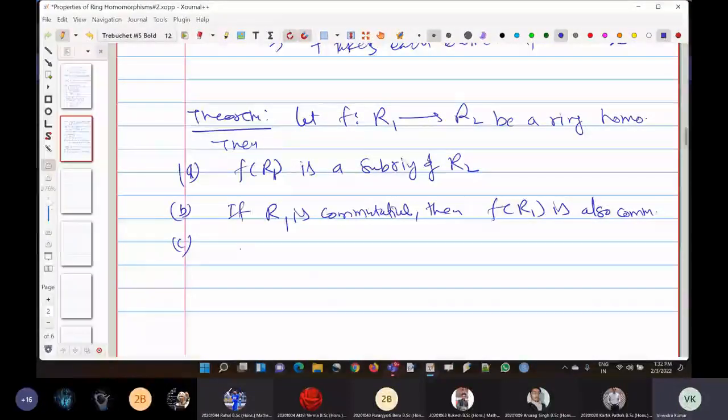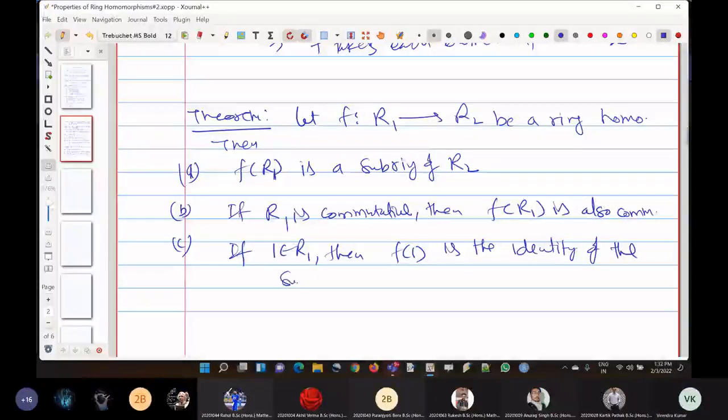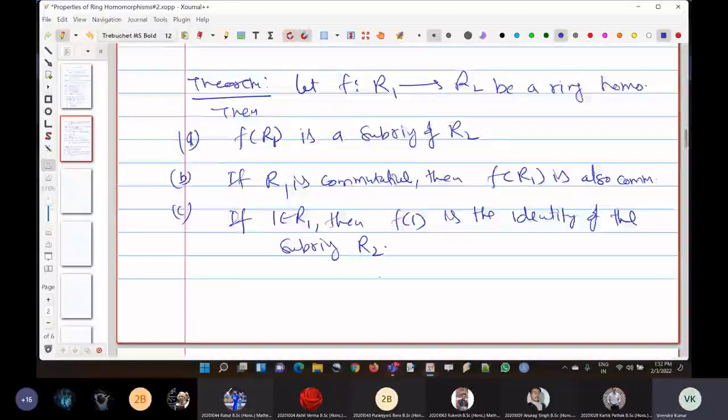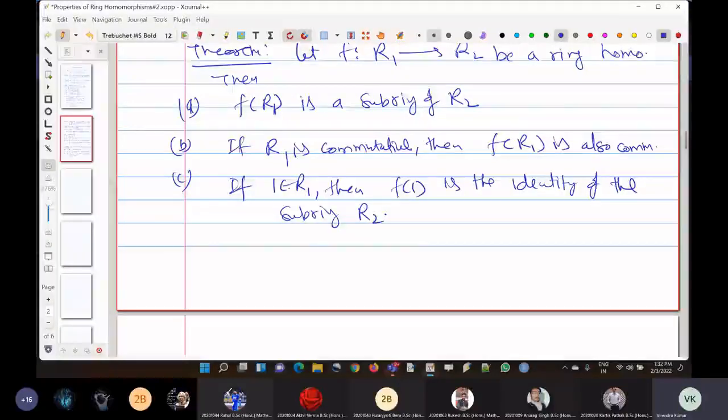Part c: if 1 belongs to R1, that is, R1 has an identity, then f(1) is the identity of the subring f(R1) of R2. Here it is understood that 1 belongs to R1 means 1 is the identity element. Fine.